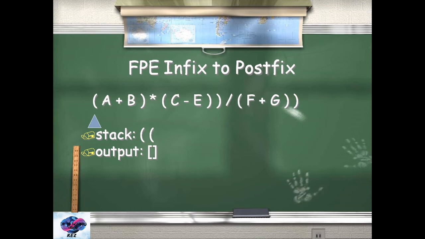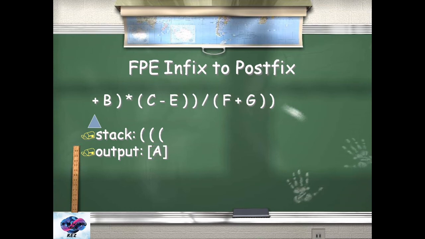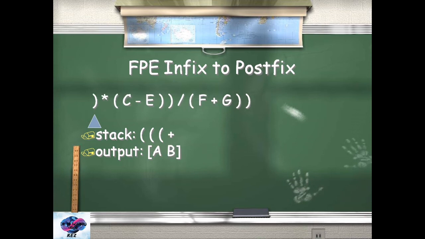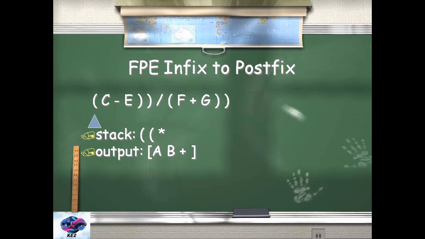In case of this algorithm, what did we learn? Infix to postfix. So what we did here, see here, at first from the stack, one by one bracket is coming. When the first value comes, A, then B, then this notation is coming. Next, multiplication is coming. Again one bracket, C minus E. So what we have to do? A plus B, that was the first parenthesis, we did it.